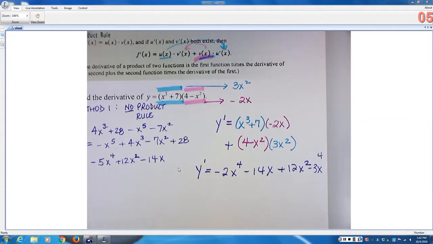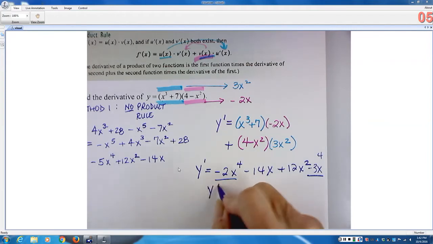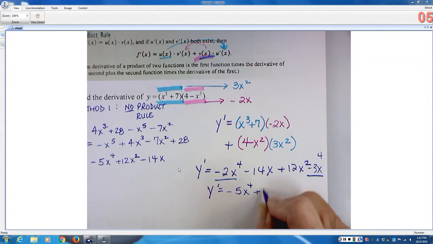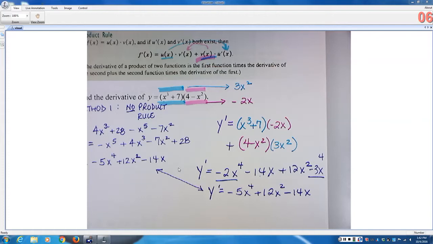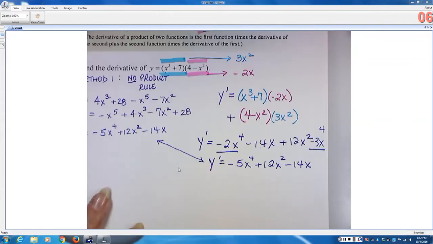And then if we rearrange this and clean it up a little bit, we'll notice that we have 2 x to the fourth terms. And those combine to be y prime equals negative 5x to the fourth plus 12x squared, I misspoke, minus 14x. Which is the same thing we would have gotten if we had multiplied out the original function and differentiated term by term.